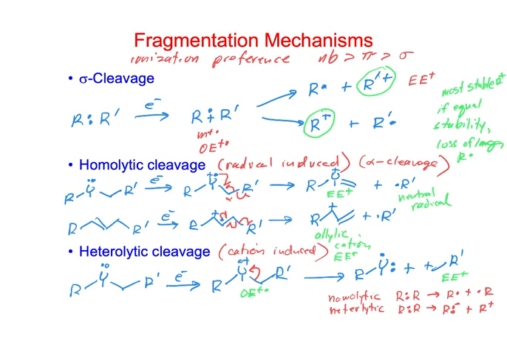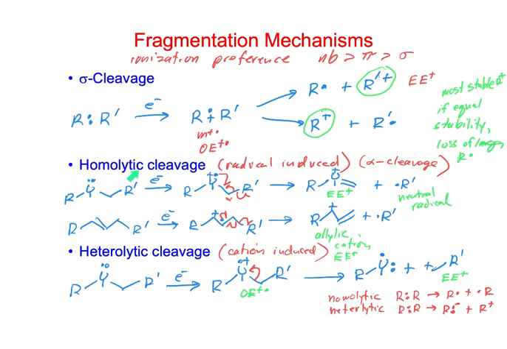It can split either way, though in general, if these cations are of different stability, we see more of the more stable one. If they're of equal stability, we see more of the loss of the larger alkyl group, the larger radical.